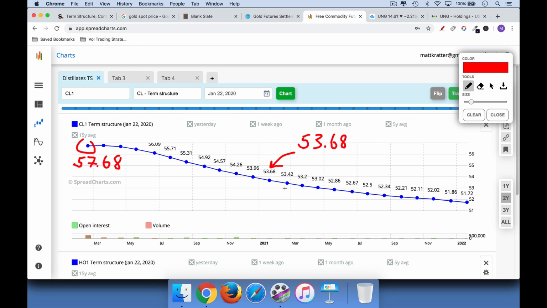And if 12 months from now the spot price of oil doesn't move, and the cash price for oil in January of 2021 is still right where it is right now at $57.68, well, in that case, this futures will be trading at $57.68 because it's basically the market pricing what oil is for delivery in January of 2021.